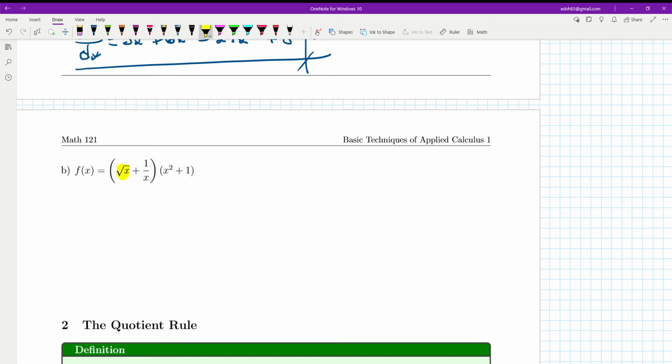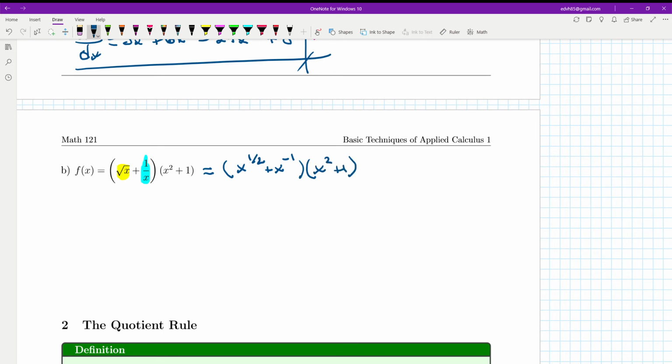The radical term, we need to rewrite it in rational exponent form, and this 1 over x, we need to rewrite it in the form of a negative exponent. So this is not calculus yet, this is still just rewriting. That's x to the 1/2 plus x to the negative 1, times x squared plus 1.